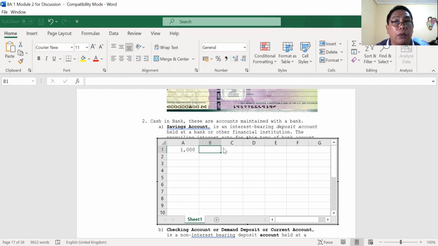So you should always make sure that your answers are rounded off, in ones, with no decimal place. So 1,000 times the interest rate. For example, the interest rate is 1/2 of 1%.